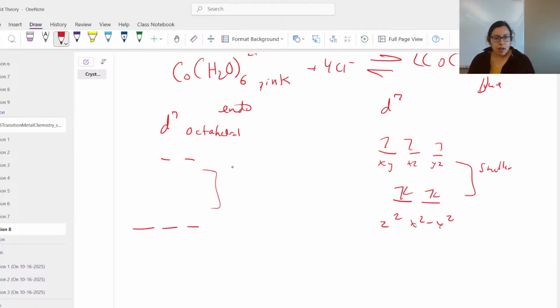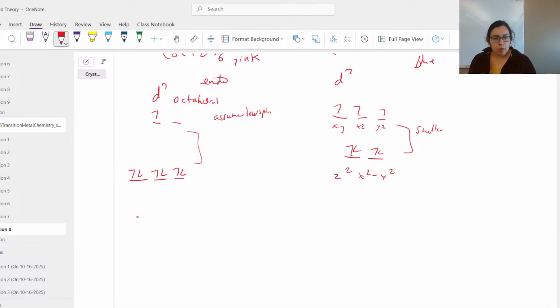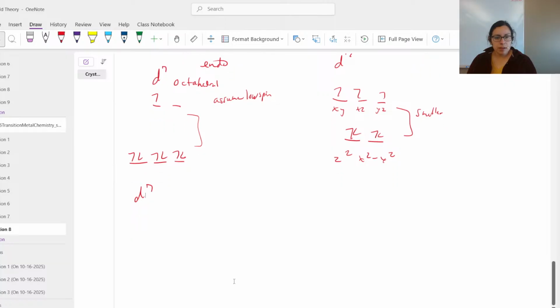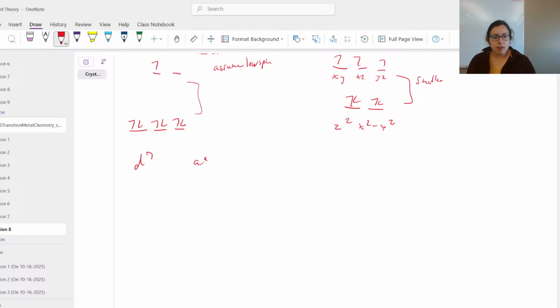And either way, so right, we could assume low spin, and then we fill it up 1, 2, 3, 4, 5, 6, but then we still have to put 1 up here. So maybe. Or what if it was high spin? So now just assume high spin. So 1, 2, 3, 4, 5, 6, 7.